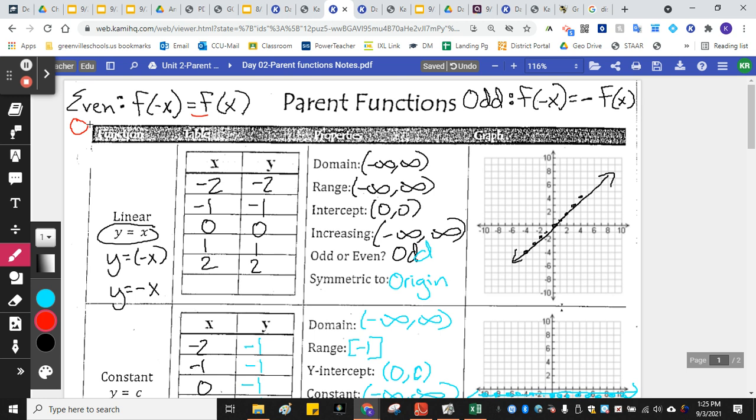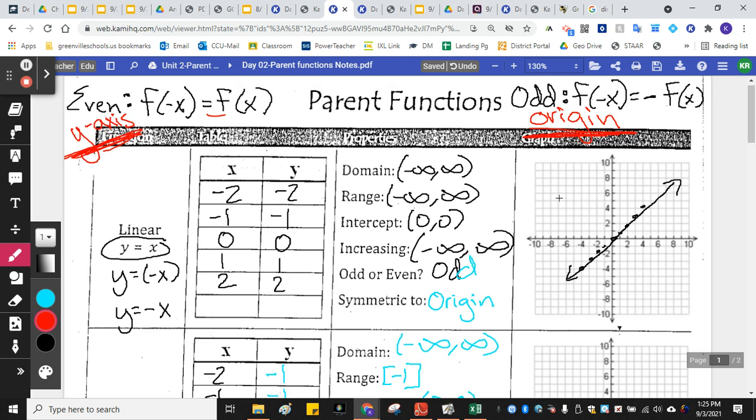No, I said that wrong. Hold on. I gotta show you. If it's odd, it's symmetric to the origin. If it's even, it's symmetric to the y-axis. You know why that is? If that helps you remember it. There we go. Now I remember it is OO, odd origin. Odd origin. OO, odd origin.